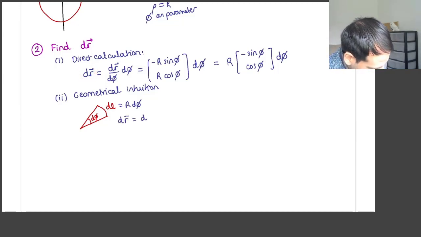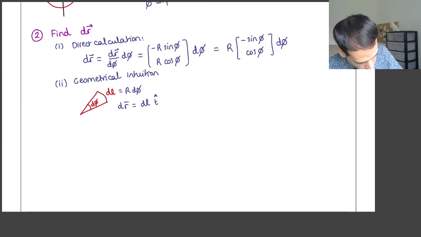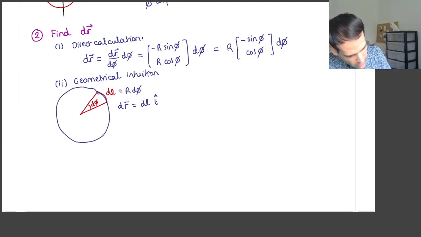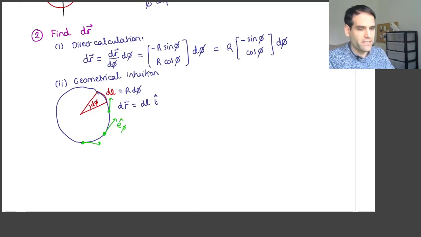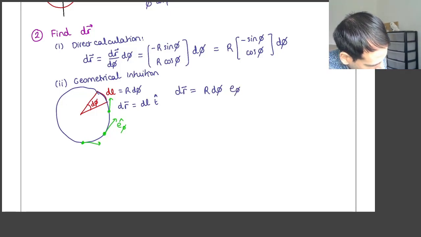It has the length of dl, but then it has a unit vector in the direction tangent to the curve. What is the direction tangent to a circle? It is just the unit vector e phi. So dr is simply r d phi as the length and in the direction e phi.